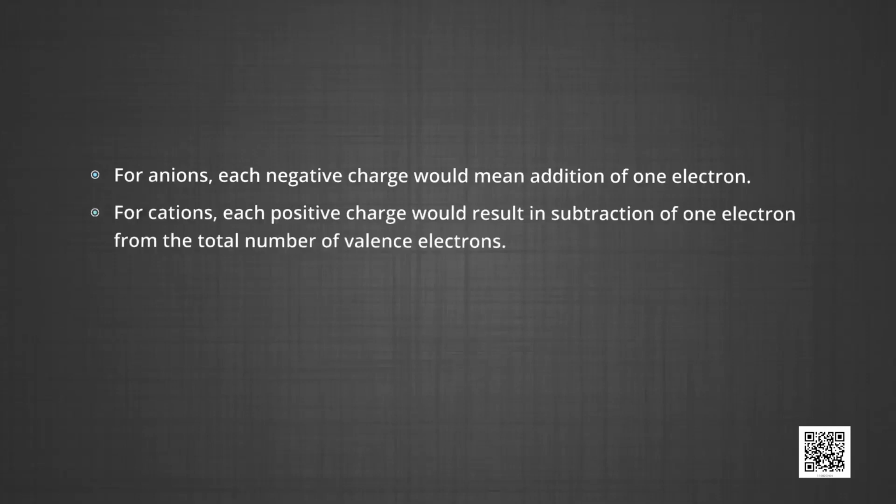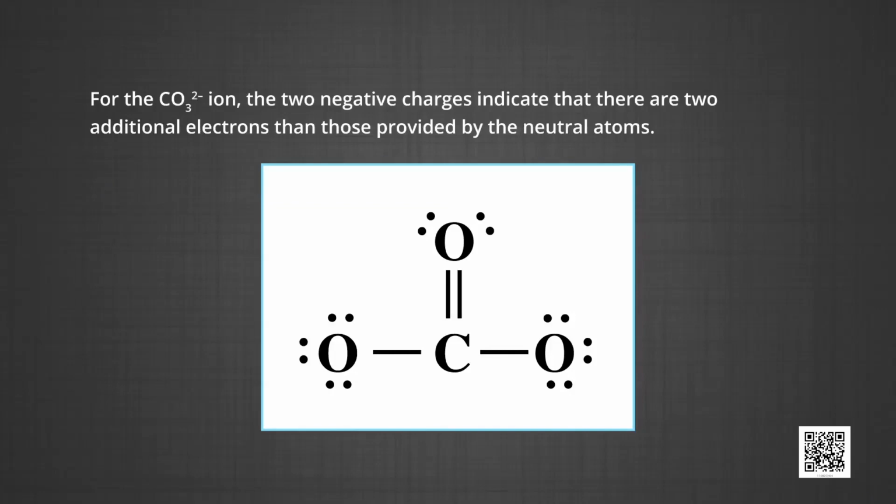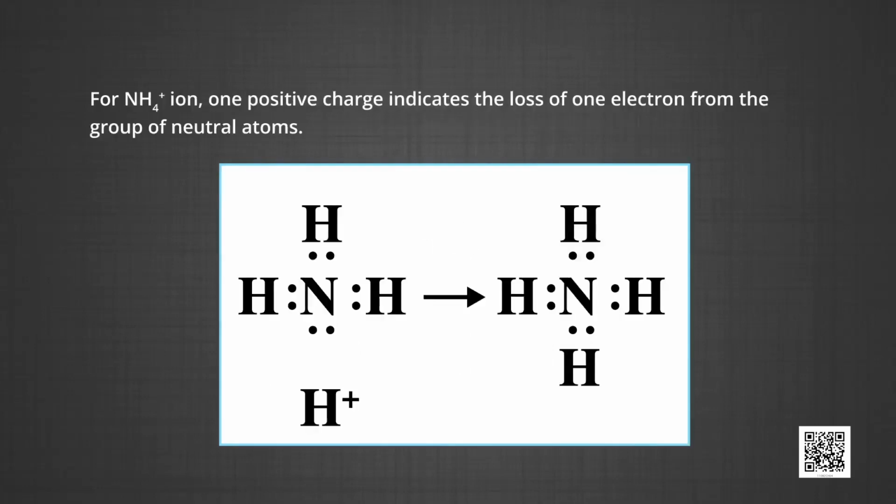For cations, each positive charge would result in the subtraction of 1 electron from the total number of valence electrons. For example, for the carbonate ion, the 2 negative charges indicate that there are 2 additional electrons than those provided by the neutral atoms. For the ammonium ion, 1 positive charge indicates the loss of 1 electron from the group of neutral atoms.